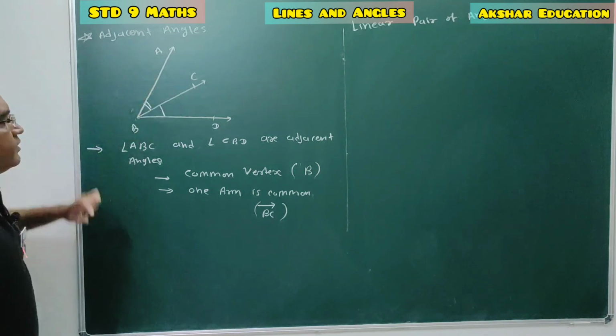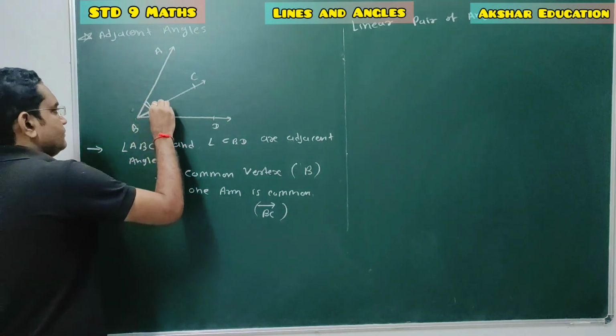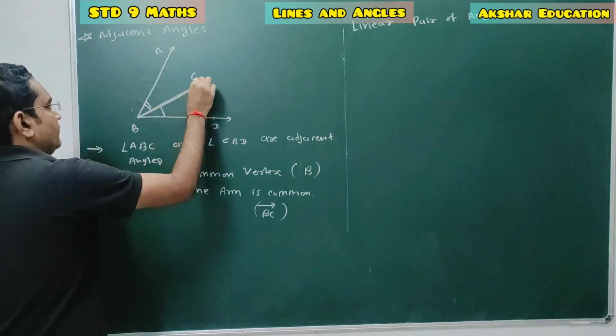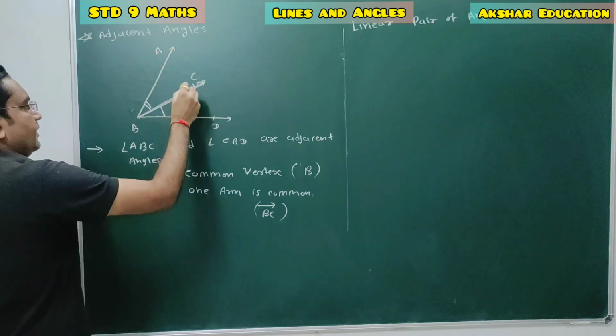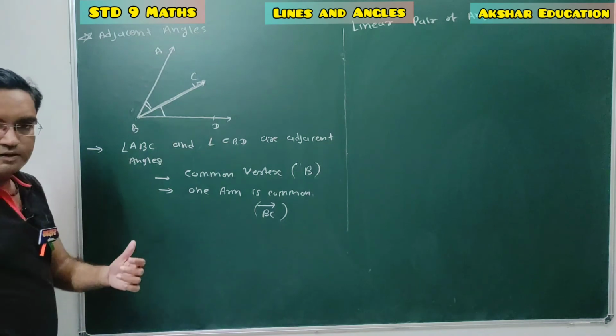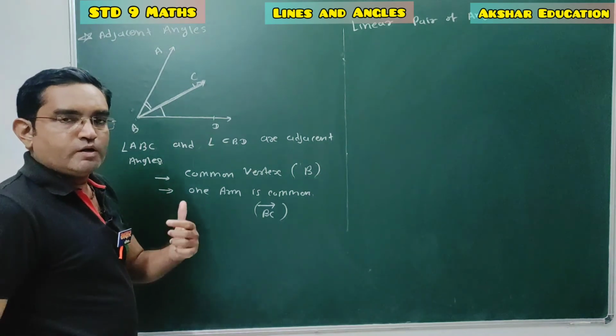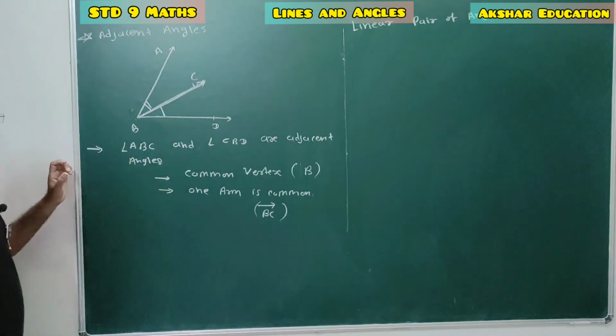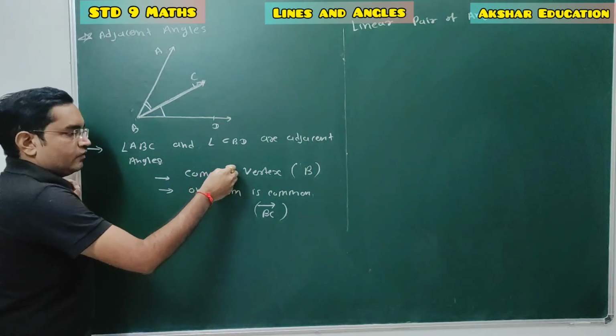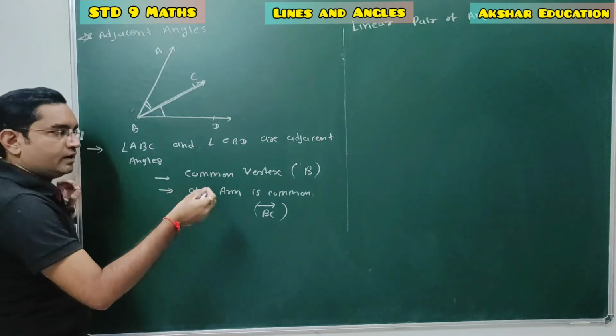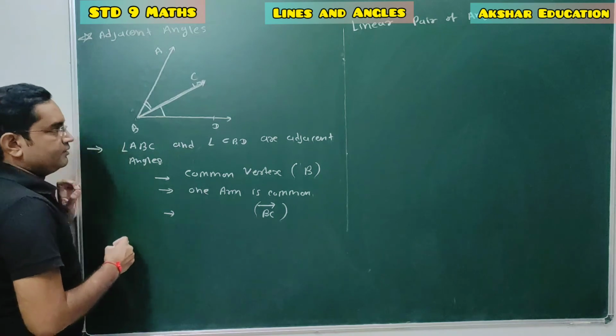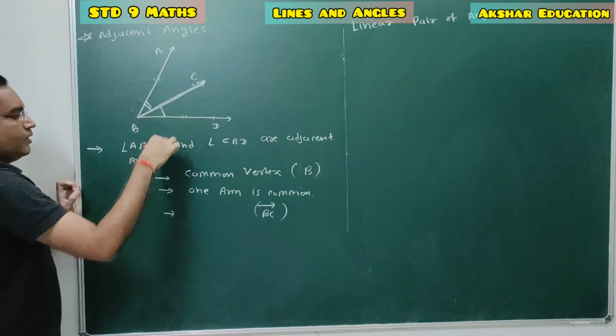So here ray BC is the common arm between angle ABC and angle CBD. So for any pair of angles to be adjacent angles, their vertex must be common, one arm is common, and these are the two non-common arms.